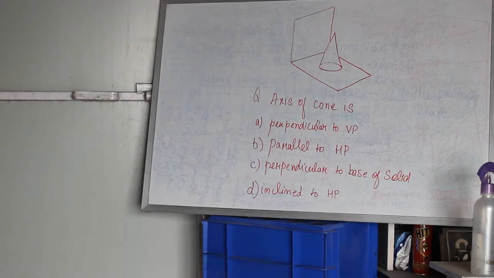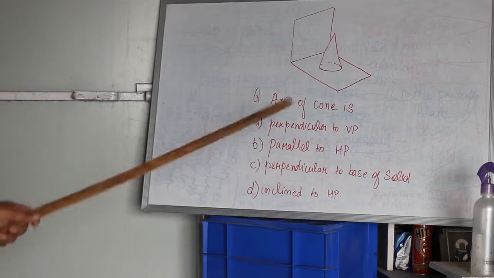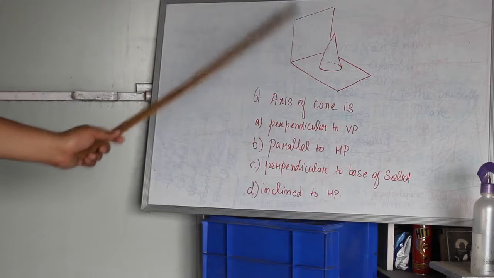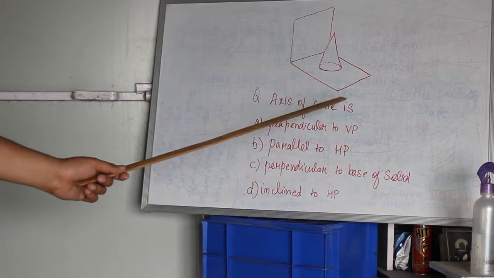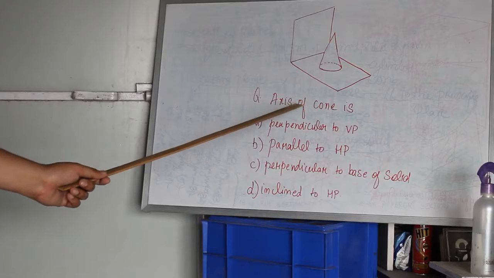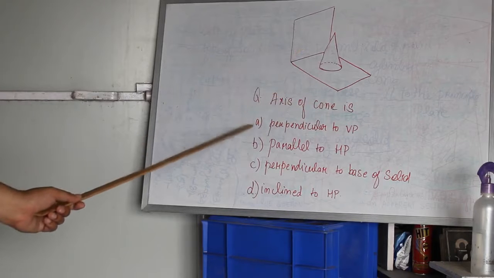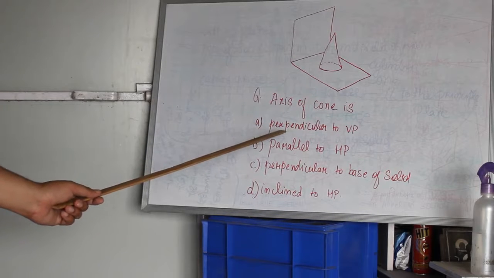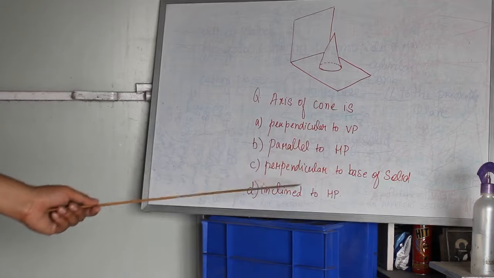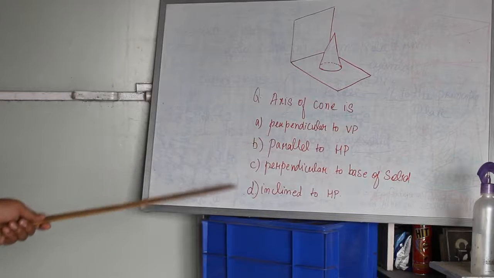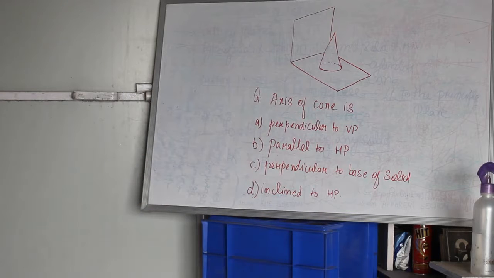Your questions could be very different from these ones, because I'm actually letting you know how to solve these questions. If this is the picture which is given to you, the question asks what the axis of the cone is. For example, the first point is perpendicular to VP, parallel to HP, perpendicular to the base of the solid, and inclined to HP. So which one of the 4 options is true?